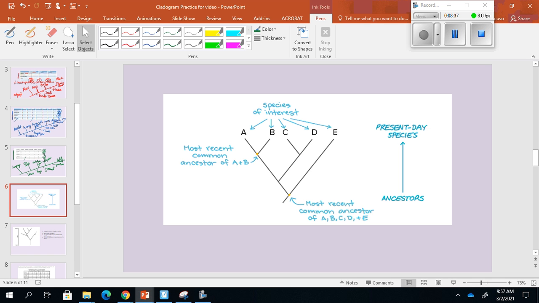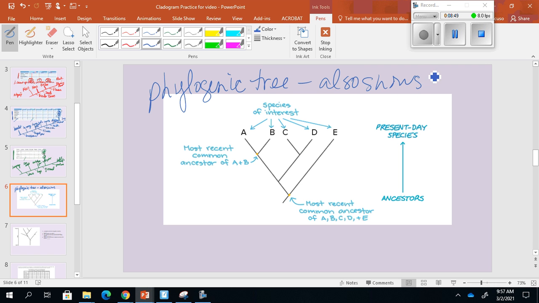Now this one is called a phylogenetic tree. And basically the biggest difference here is that it shows time. So it does show evolutionary relationships, but it also shows time. So present day to the ancestors. So this is representing the most common ancestor of all, because this again is the root, the one that connects it.